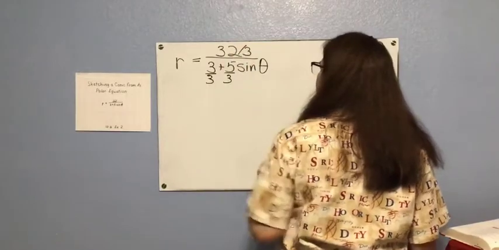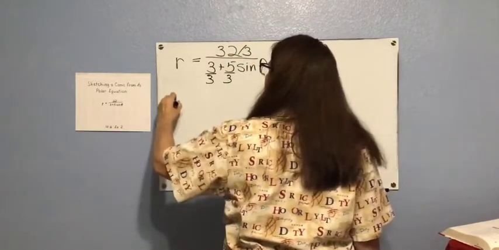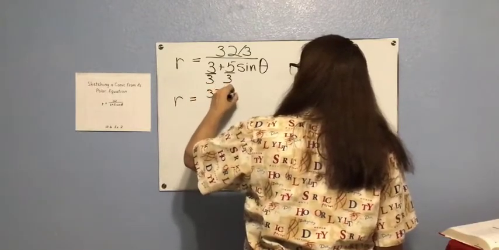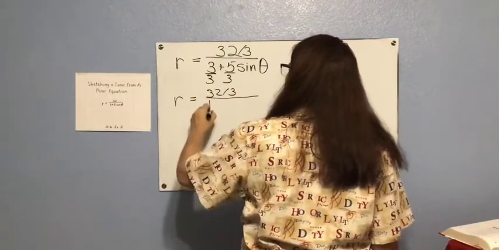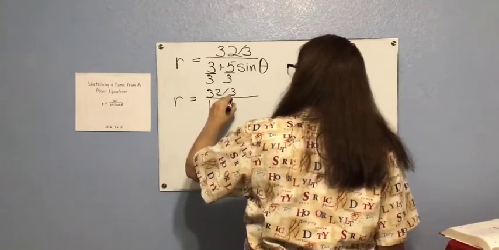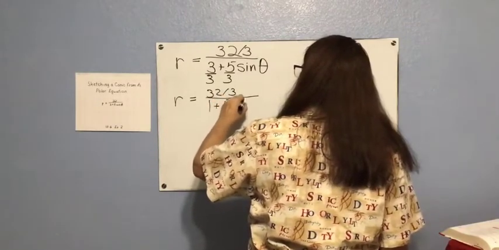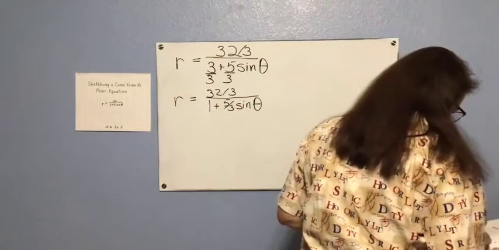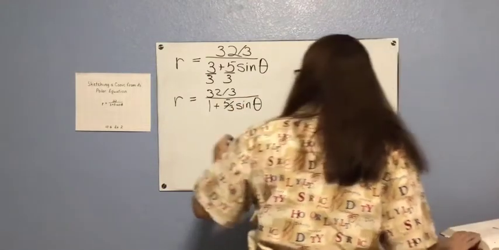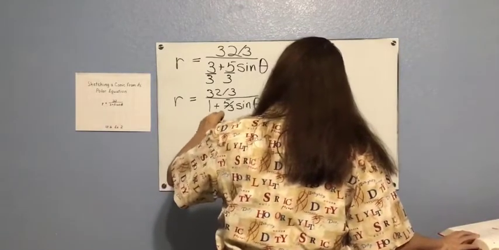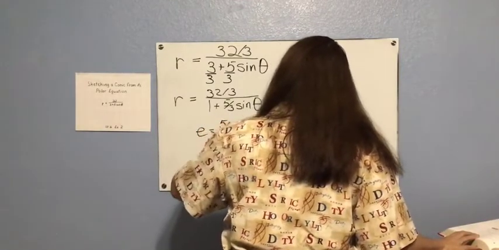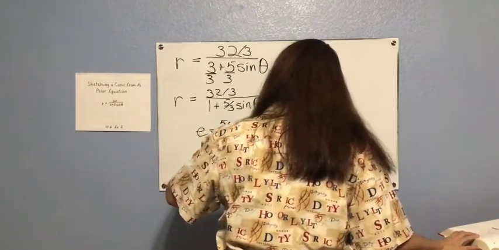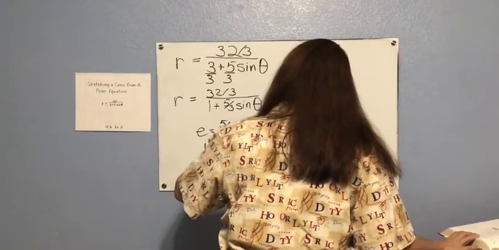This is not quite as nice as the last problem, but I get r is equal to 32 over 3 over 1 plus 5/3 sine theta. This time the e is 5/3, which is greater than 1, and tells me this is a hyperbola.